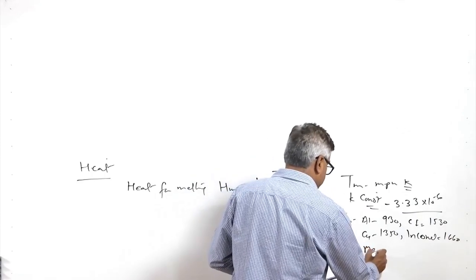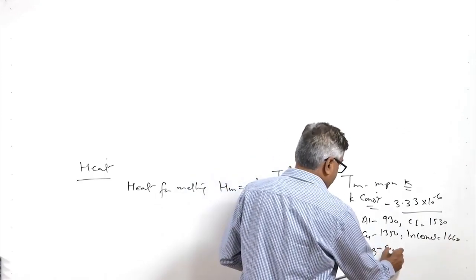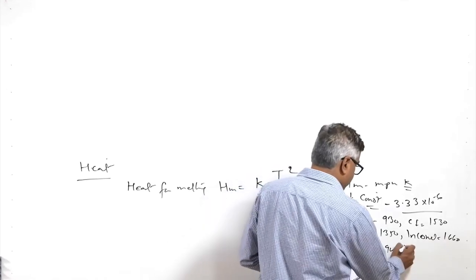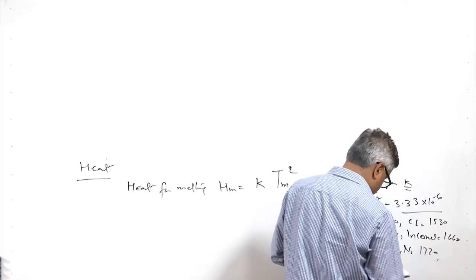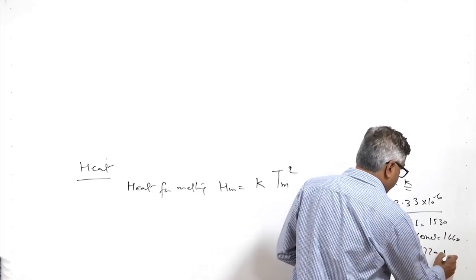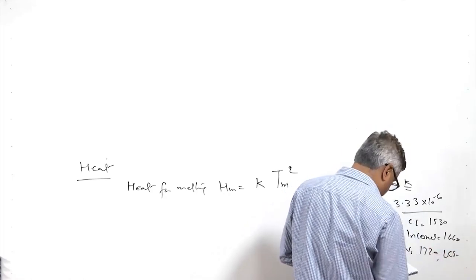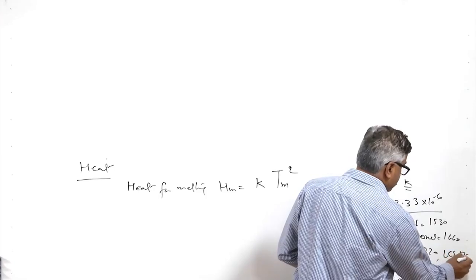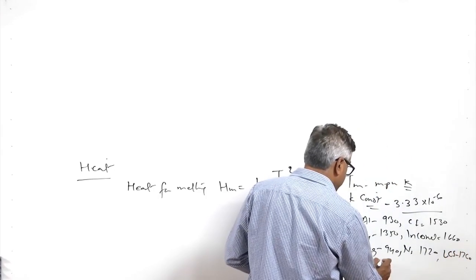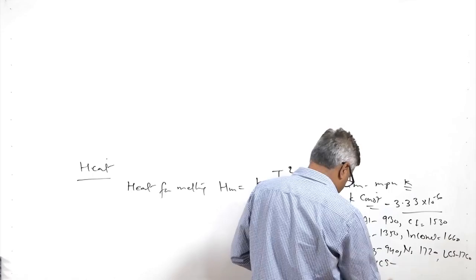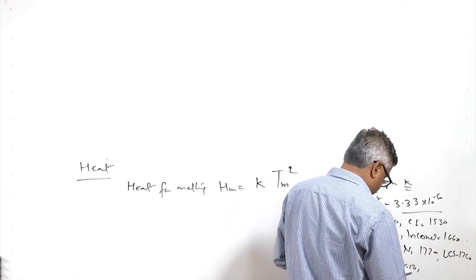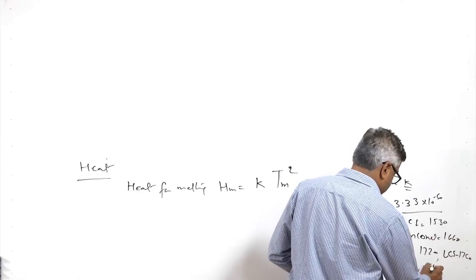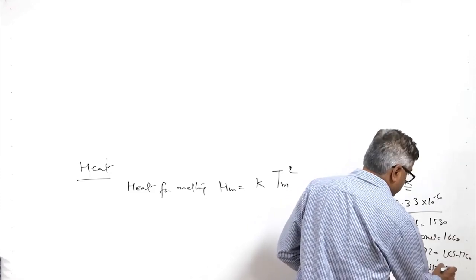For Mg it's low, 940, and for nickel it's 1720. For low carbon steel 1760. For high carbon steel it is comparatively low, 1650. And austenitic stainless steel, say 1670.